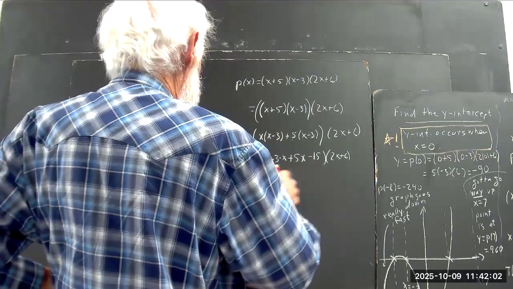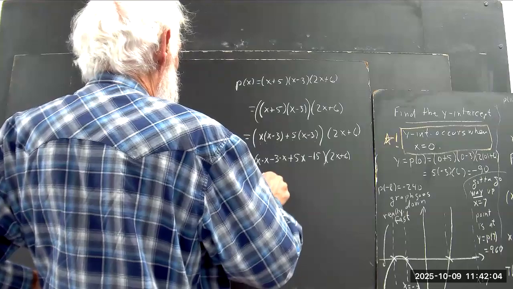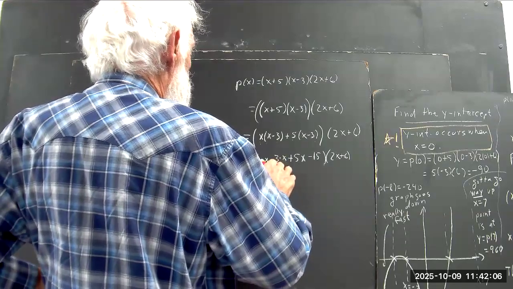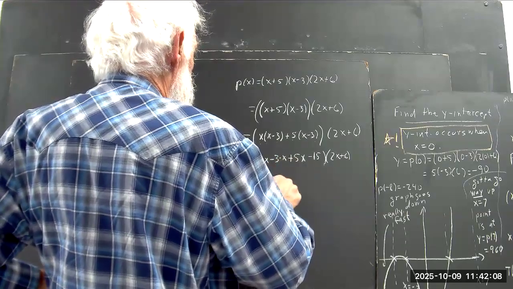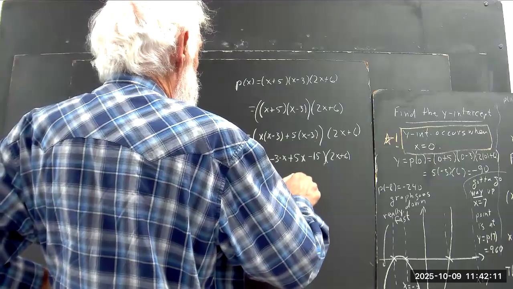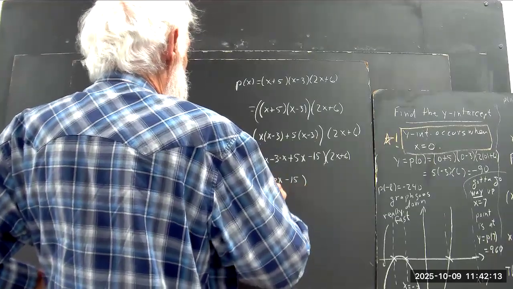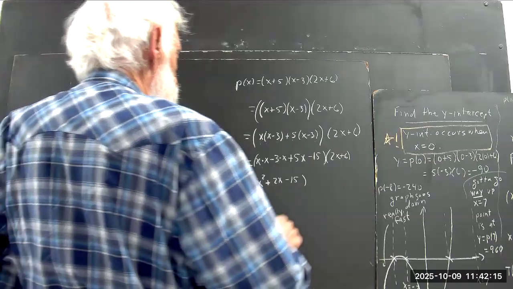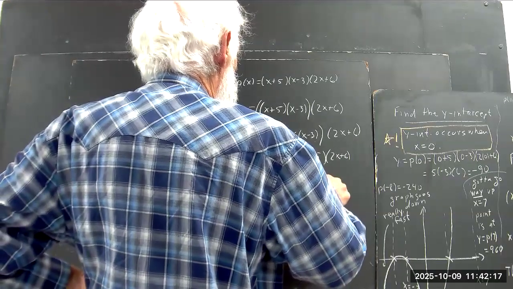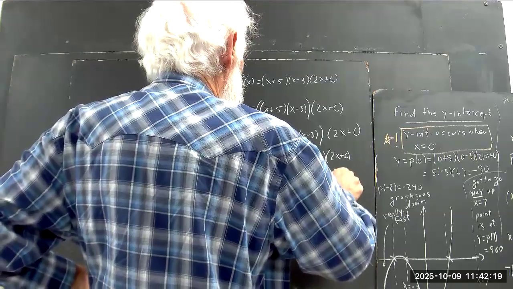Now I'm going to write this out as x squared. Now minus 3x plus 5x is plus 2x. Then we have minus 15. We're going to multiply that by 2x plus 6.